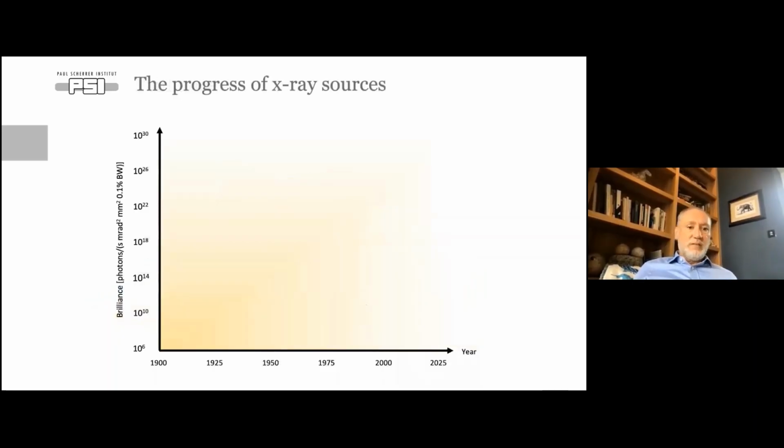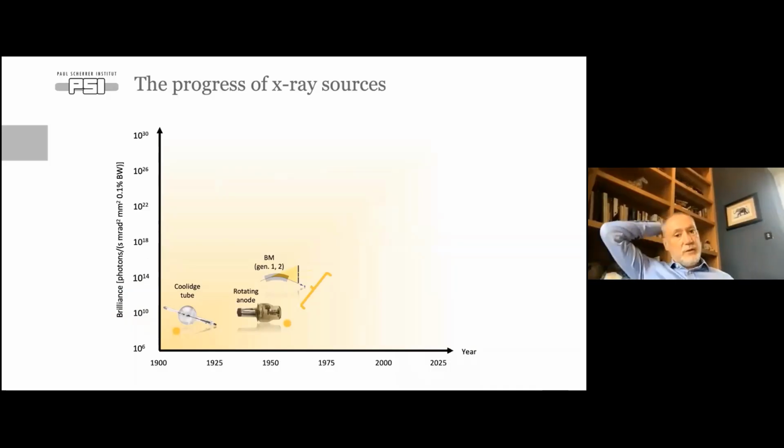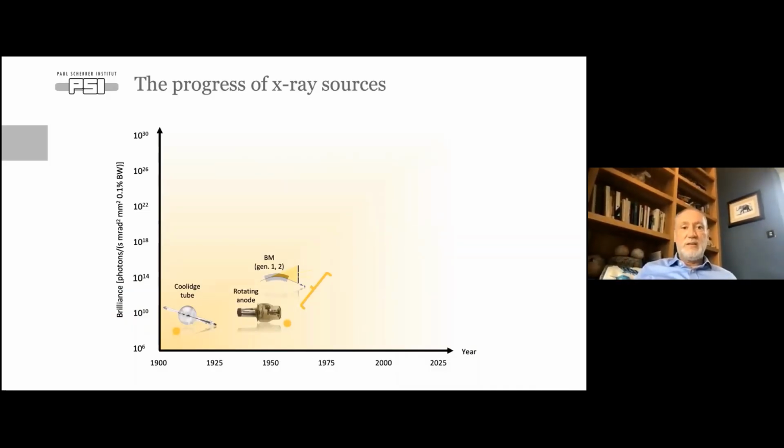And if one looks at the brilliance of X-ray sources historically, one sees that there was very little change between the original Coolidge tube and maybe an order of magnitude improvement half a century later through the introduction of a rotating anode. It was really when X radiation was used in a parasitic mode at high energy nuclear facilities, such as at DESY, that bending magnet radiation could increase the brilliance by something like 4 or 5 orders of magnitude.